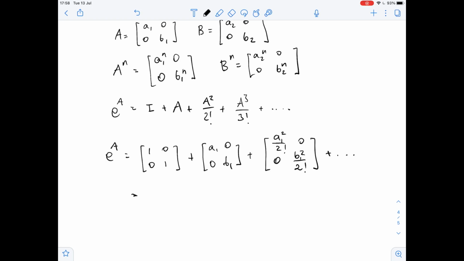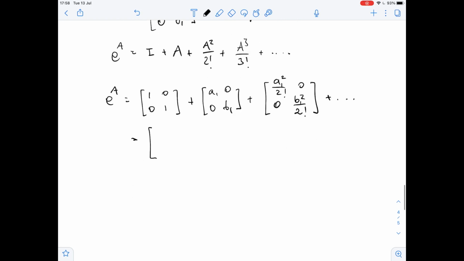And this equals a matrix with entries 1 plus A1 plus A1 squared over 2 factorial plus so on, 0, 0, 1 plus B1 plus B1 squared over 2 factorial, and so on. So we have just added these three matrices.